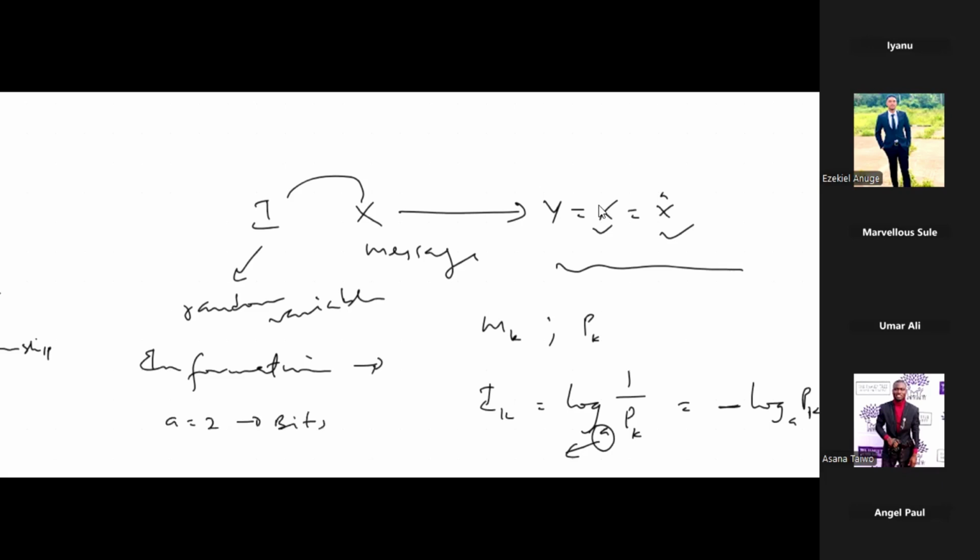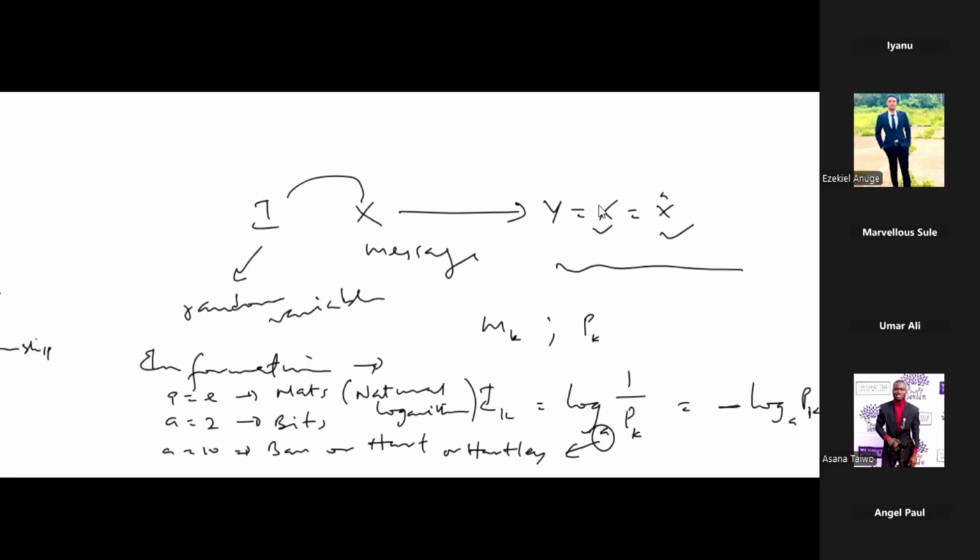And if it is in base 10, for instance, we call this ban or Hartley, Hart, short form of Hartley. Then if it's in base E, which is the natural logarithm, we call it NATS for short, which is natural logarithm. Okay.